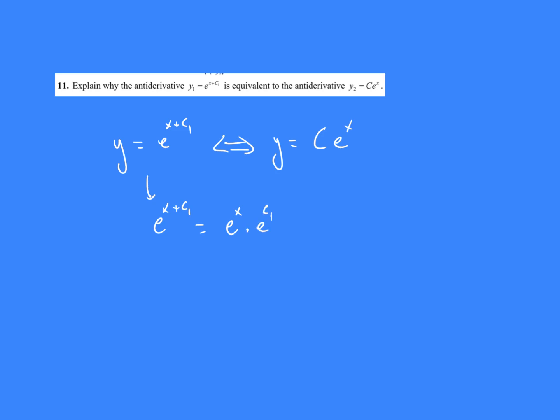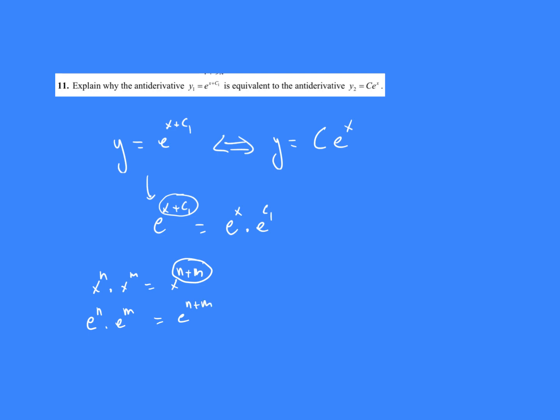The law of exponents says that x to the n multiplied by x to the m is x to the n plus m. So n plus m is the x plus c1. E to the n multiplied by e to the m is e to the n plus m.